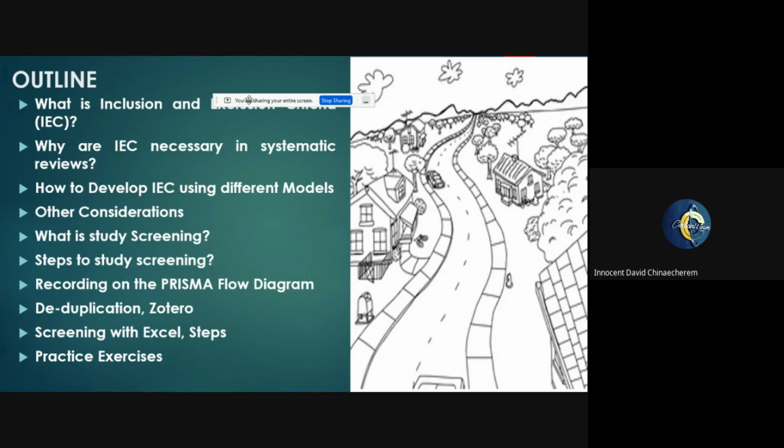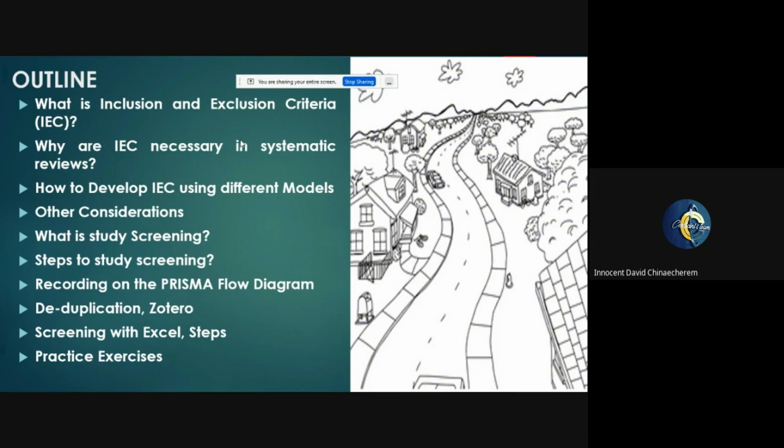So we're going to have a rundown of what we've just explained in this session, where we looked at what inclusion and exclusion criteria are. We also understood why IEC, inclusion and exclusion criteria, which can also be referred to as eligibility criteria, is necessary for systematic reviews. How we can develop our inclusion and exclusion criteria using several models, and also some other considerations that are very important in performing our inclusion and exclusion criteria.